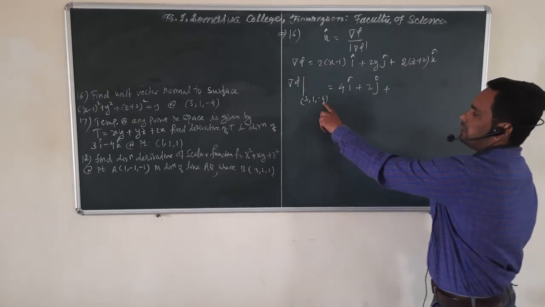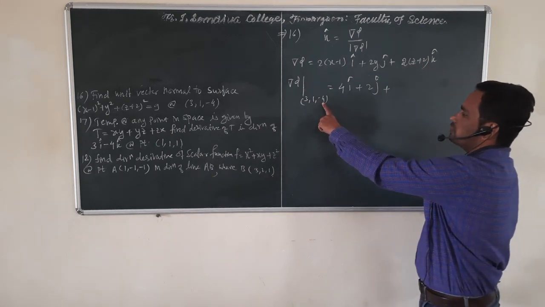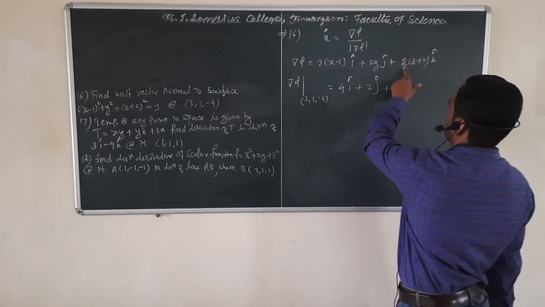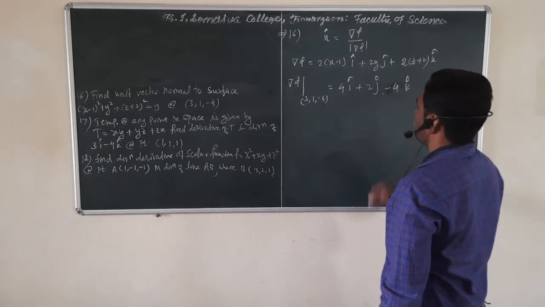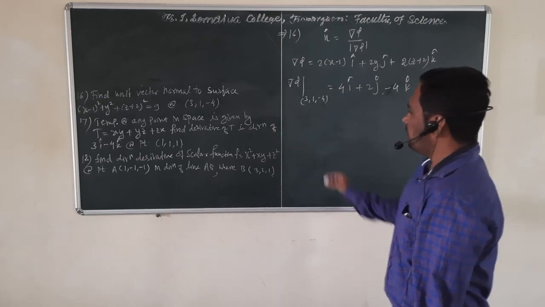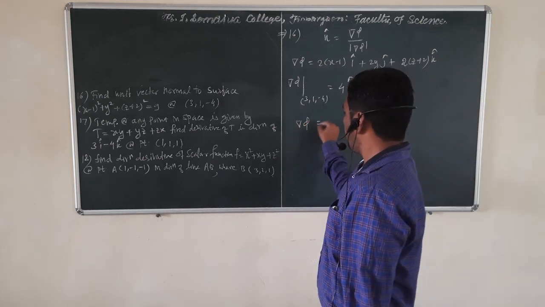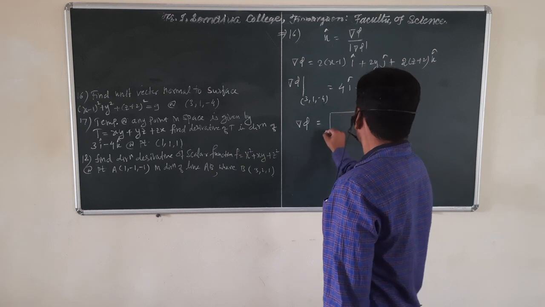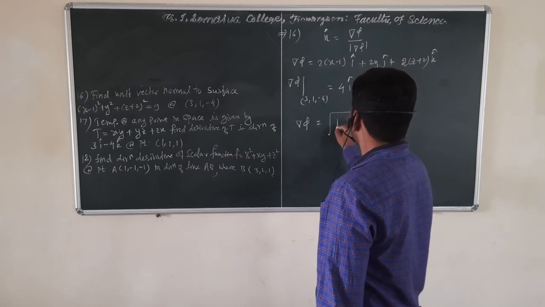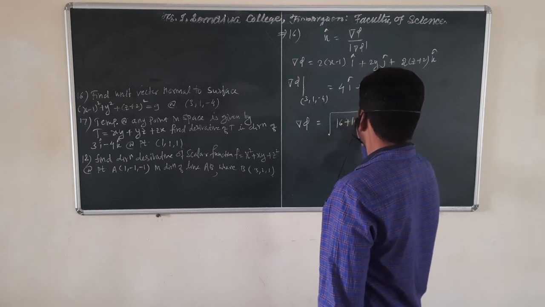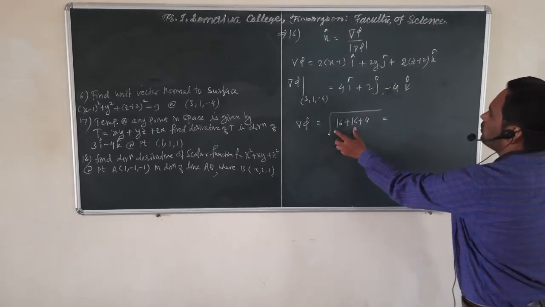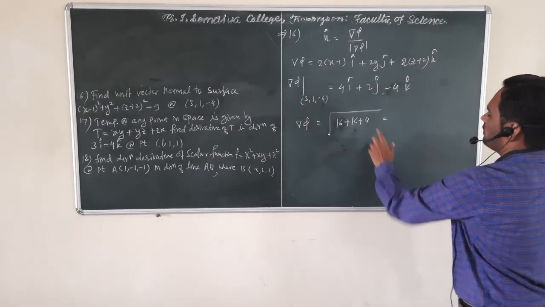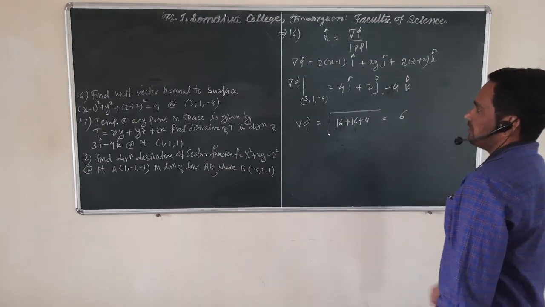So z is minus 4, minus 4 plus 2 is minus 2, and minus 2 into 2 is minus 4 k cap. Now magnitude of gradient of phi is square root of 16 plus 16 plus 4. So 32 and 4, 36, which is 6.